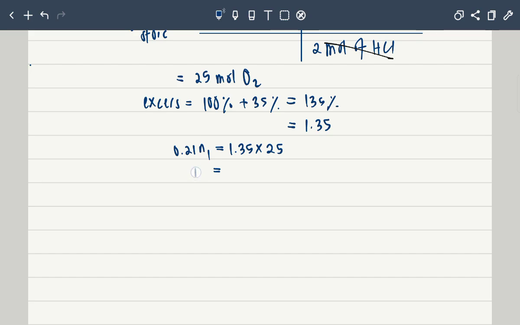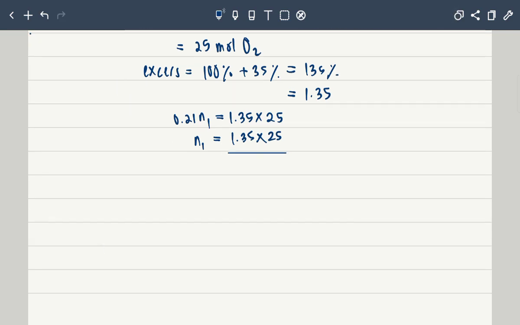Okay, so N1 equals 1.35 times 25 over 0.21.